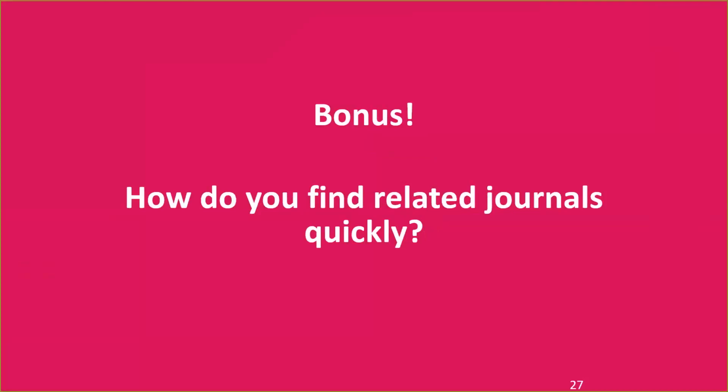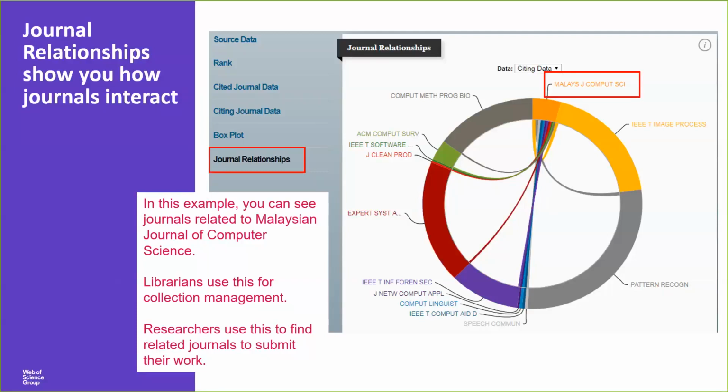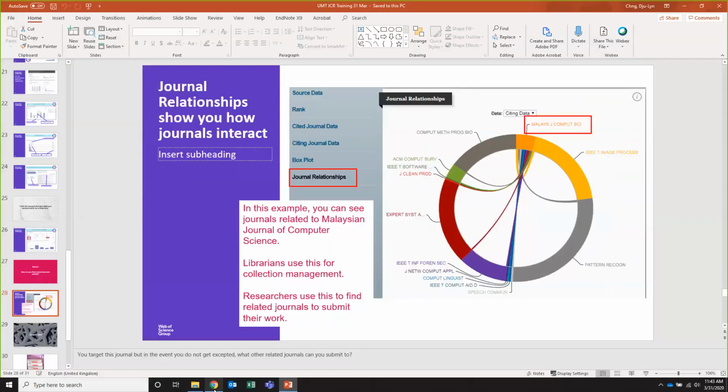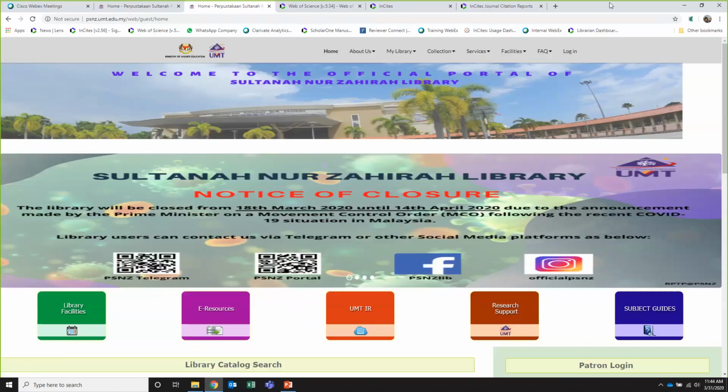But if you do get rejected, there is a way for you to find alternative journals to send your manuscripts to. Within JCR, you have this thing called the journal relationship wheel. On the journal relationship wheel, where do you find this? From Journal Citation Reports.